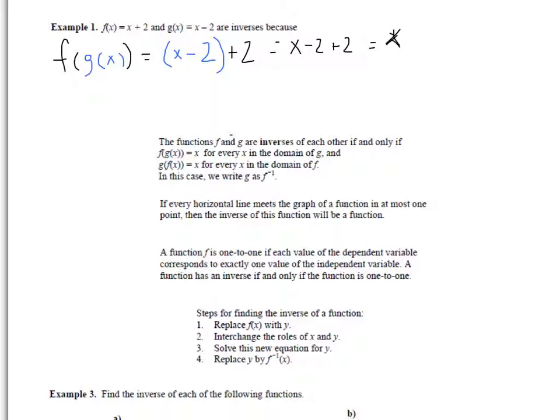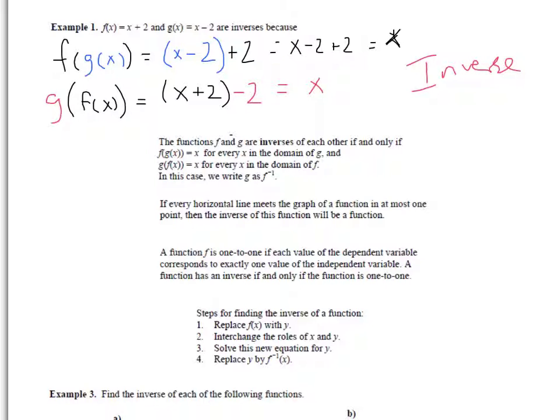Now I have to do the composition with g of f of x. When I do that, I have x plus 2 minus 2, which gives me x. Since f of g of x and g of f of x both come out to equal x, this is an inverse. So f and g are inverses of each other.